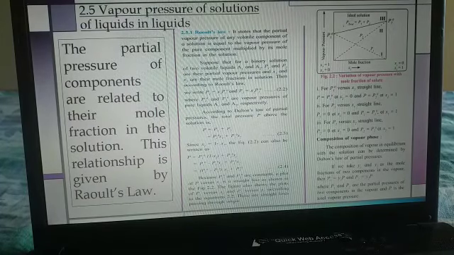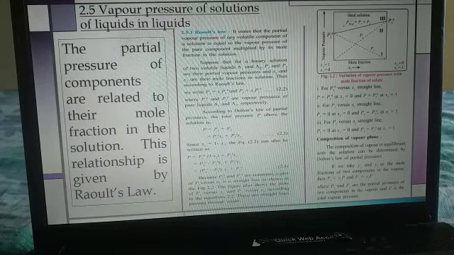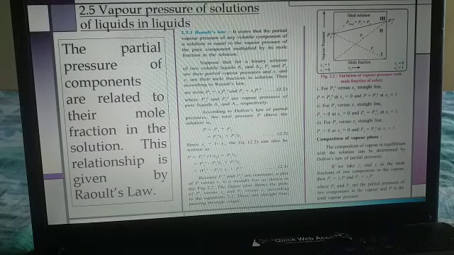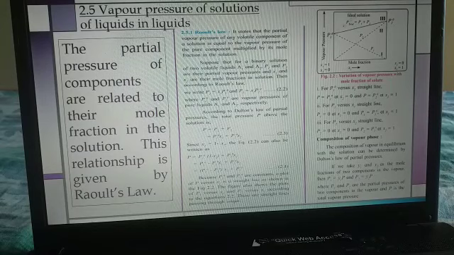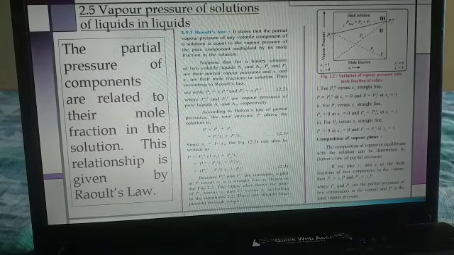Taking the same example of two beakers, P1 is directly proportional to X1, where X1 is the mole fraction. Similarly, P2 is directly proportional to X2. So P1 is equal to P1 naught X1, and P2 is equal to P2 naught X2, where the pure vapor pressure is the proportionality constant.